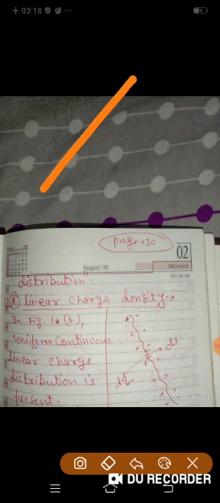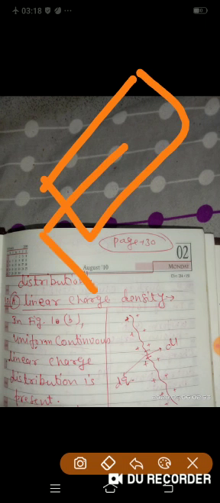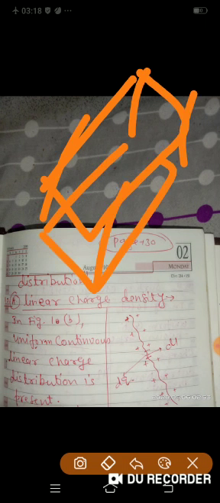I am going to read it for you. Now we will discuss three types of continuous charge distribution. As I told you in the 11th class, there is one dimension, two dimensions, and three dimensions. On the basis of these three dimensions, there are three types of charge distribution.